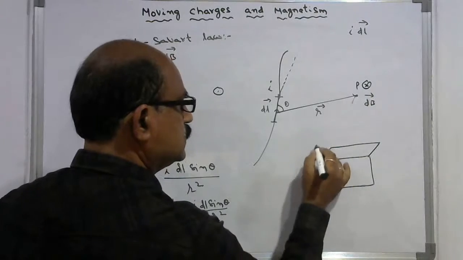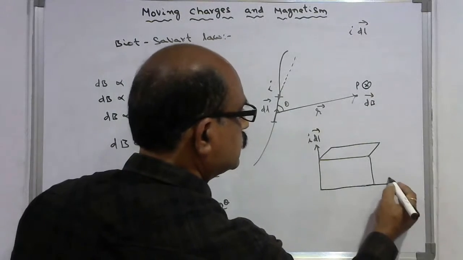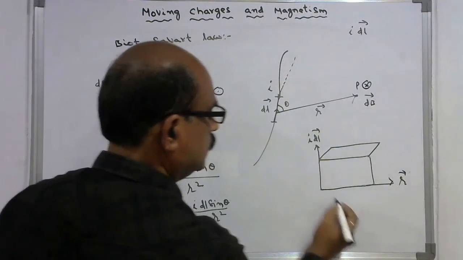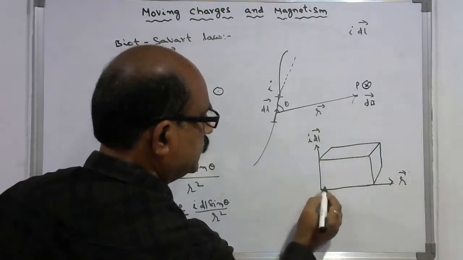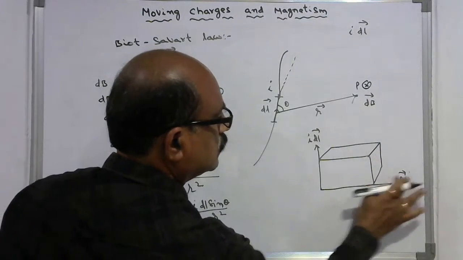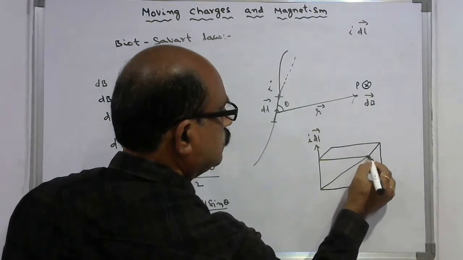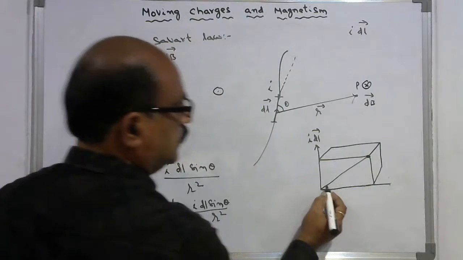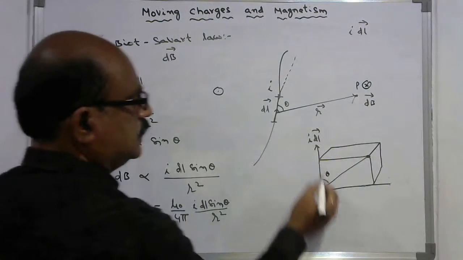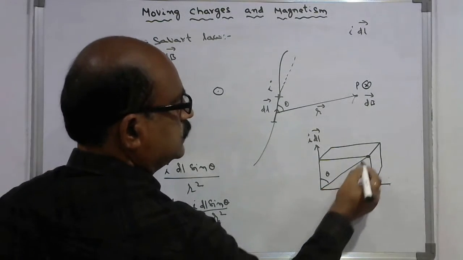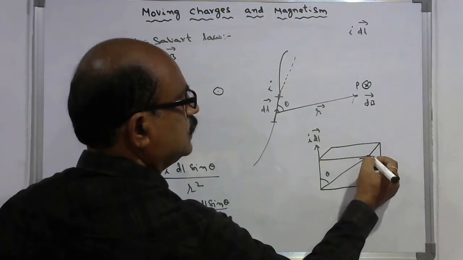If this represents the current element I dl, and this represents r bar, and this is the point under consideration, making angle theta here, and this is the position vector to point P, then the direction of the field will be this.